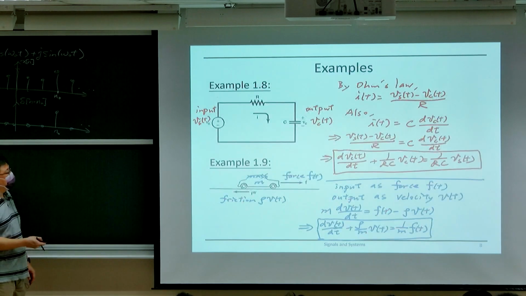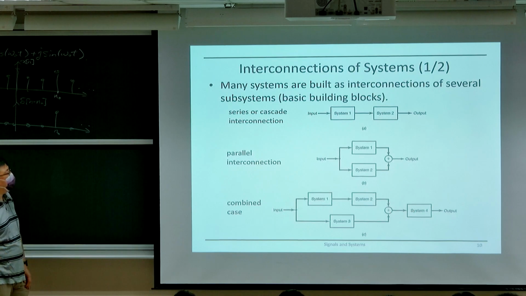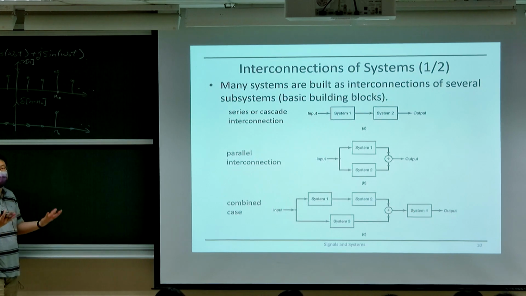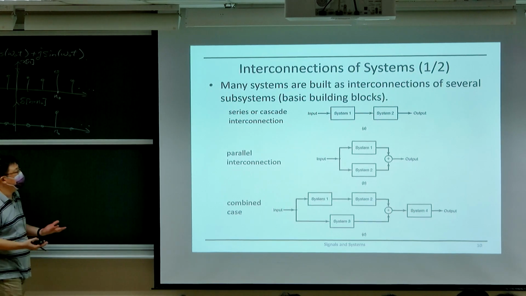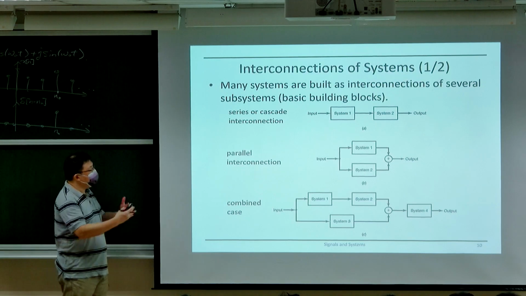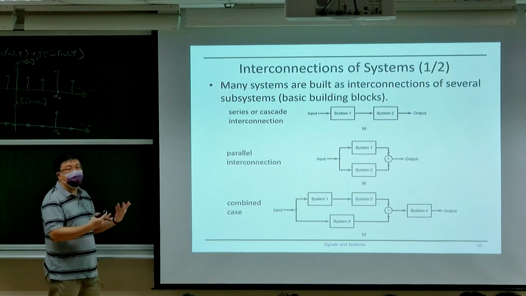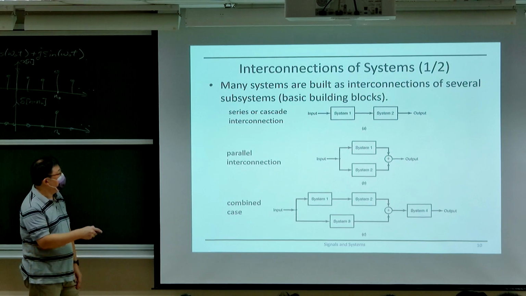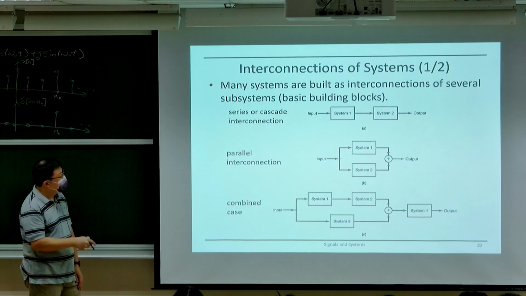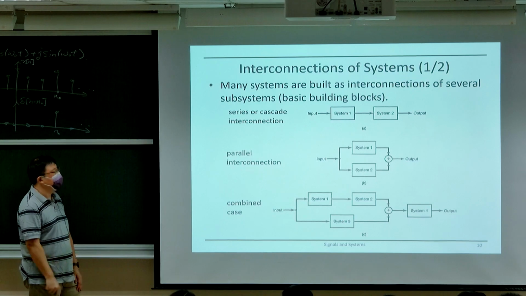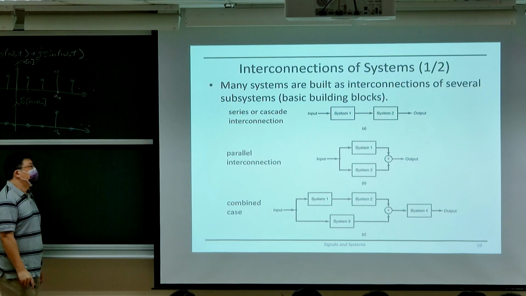Now, sometimes systems are constructed by a combination or interconnection of multiple subsystems, okay? And you can put together these subsystems in different ways. All right, so there are systems put together through series or cascade interconnections, through parallel interconnections, or a combination of these, okay?